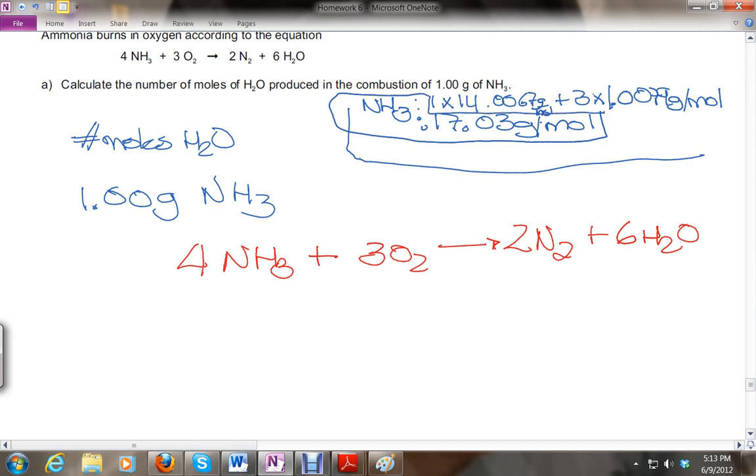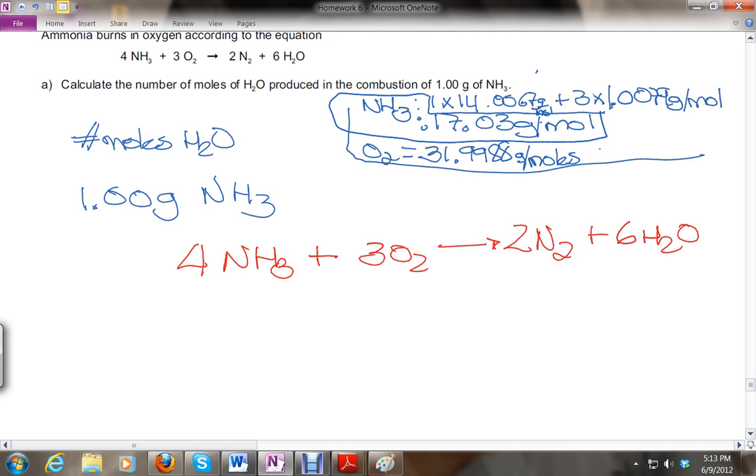Then we have oxygen, O2, which would be twice 15.9994. It's 31 point something, I almost know it by memory. It's going to be 31.9988 grams per mole.